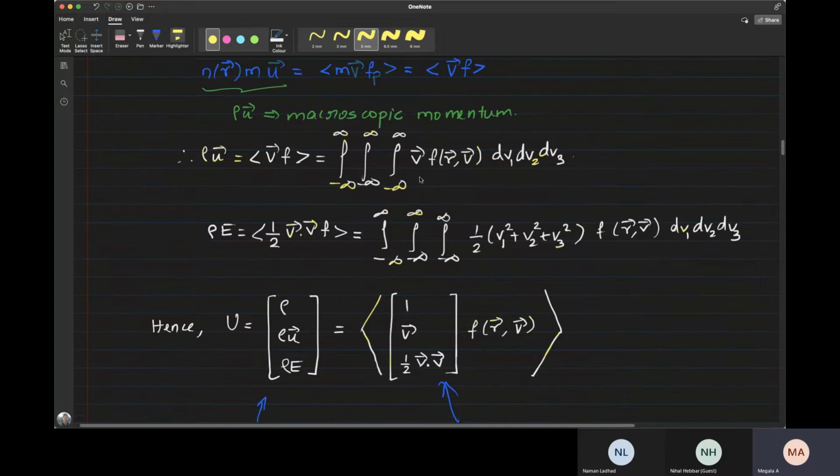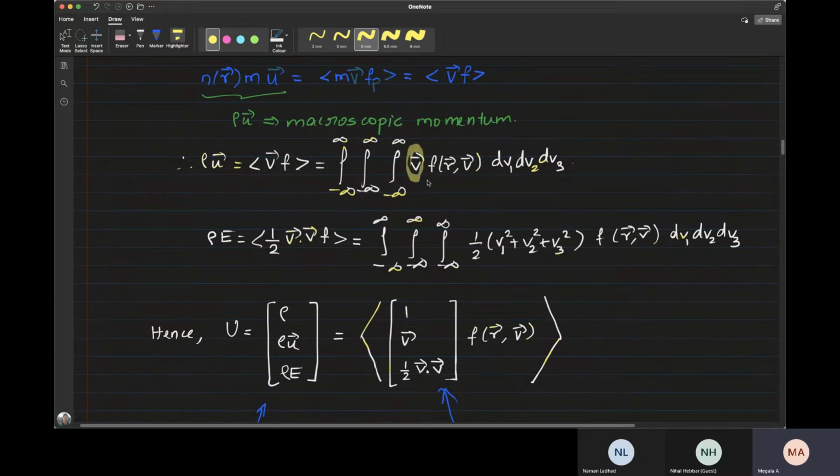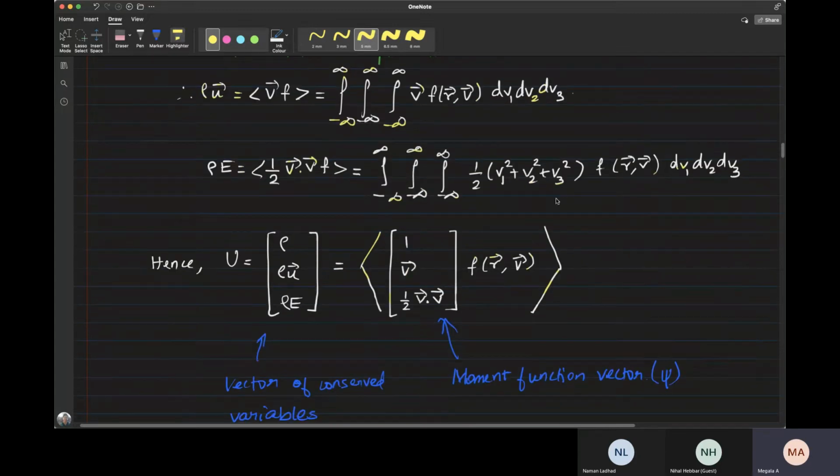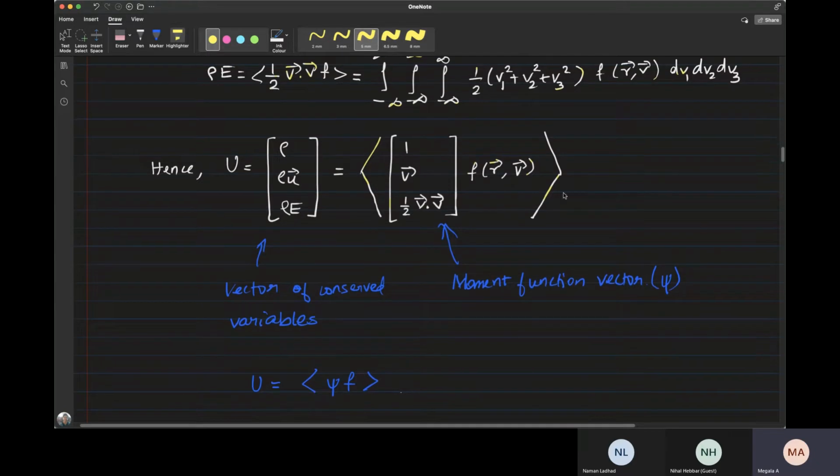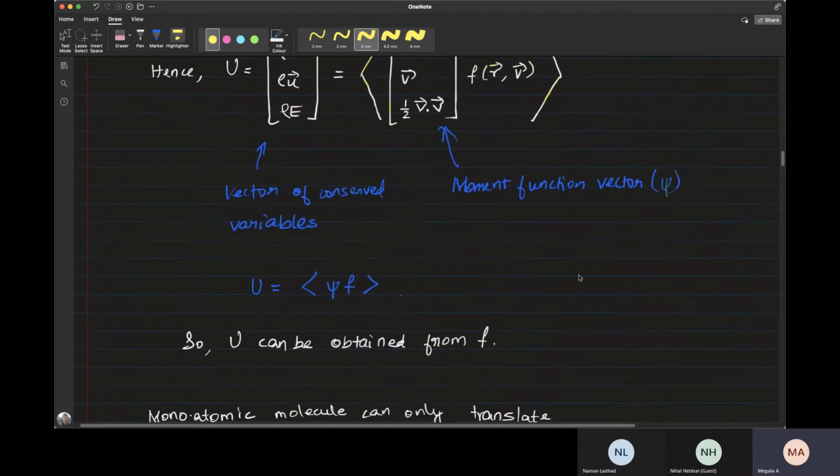For rho u vector, we multiply f with v vector, and for rho e, we multiply f with half v dot v. So you write this as a vector and do this integration process. This vector is known as the moment function vector, and it is notated by psi.